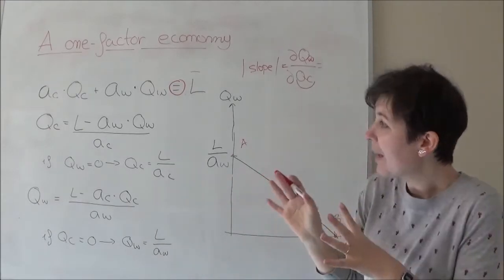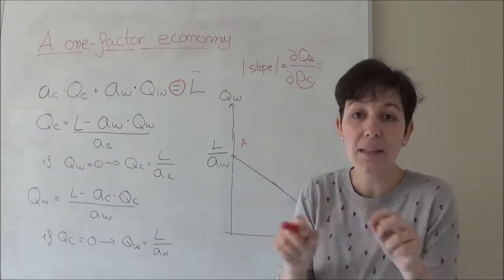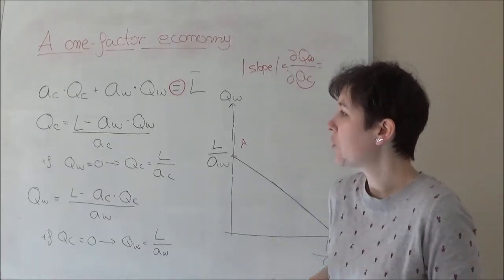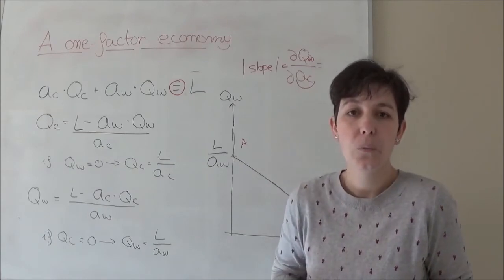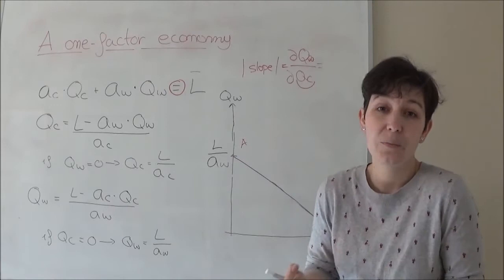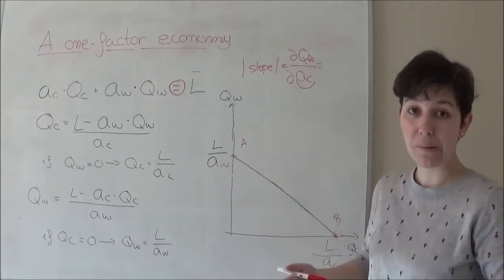To be able to draw that line, we just need 2 points. Which 2 points are we normally going to use? The easiest points are the extreme cases, as we observed previously.